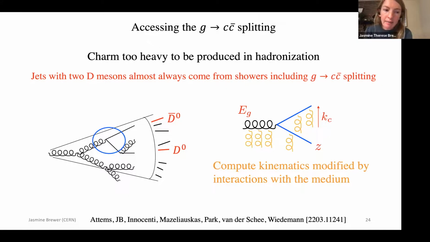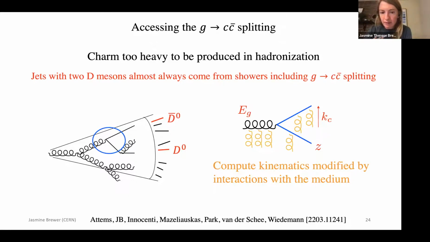And maybe the point, at least to connect back to studying this gluon splitting to light quarks, is that the charm quark is not that heavy. Okay, I just said it was heavy because you had to produce these D mesons, but if you look at very high energy jets that are much higher than the charm quark mass, you can also use this gluon splitting to charm quarks to study essentially gluon splitting to light quarks, because at very high gluon energies you can neglect the charm mass, besides that it's important for this experimental signature.